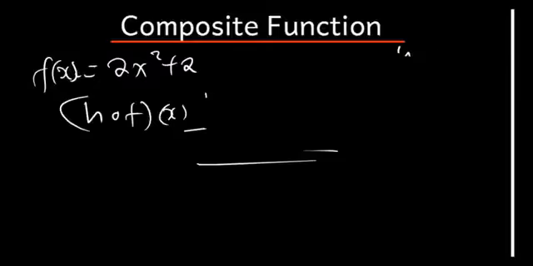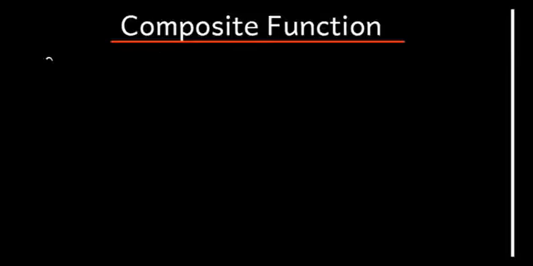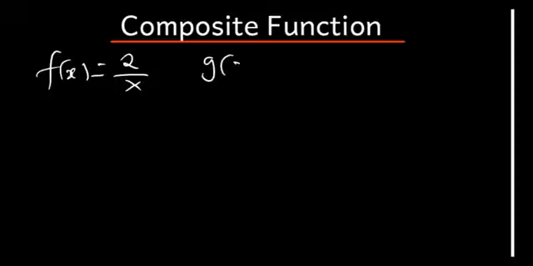Let's have another question. Okay, let's say we have just 2 functions. Let's say we have f of x equal to 2 divided by x. Then you have g of x equal to x minus 3.